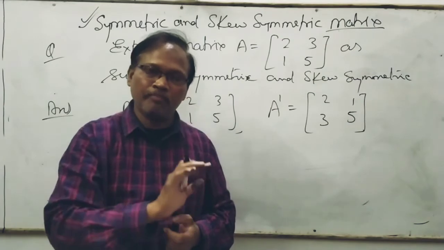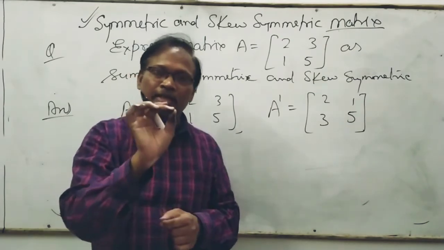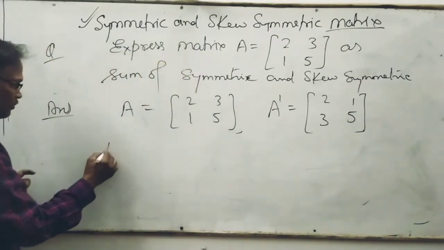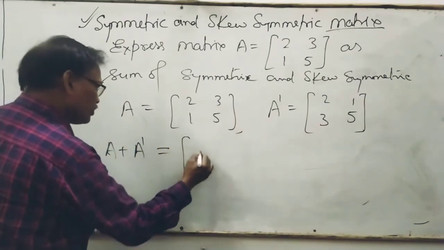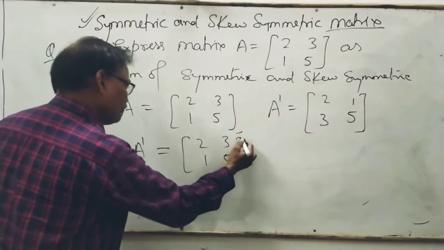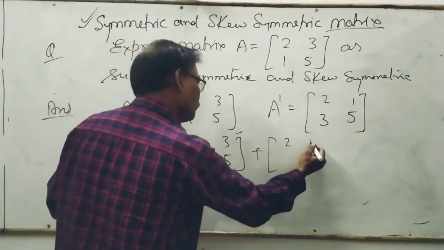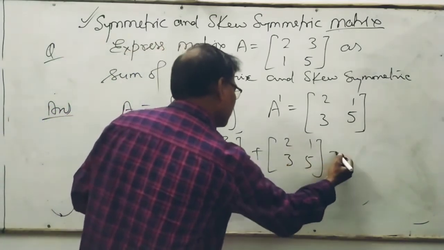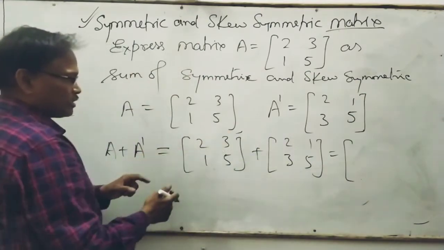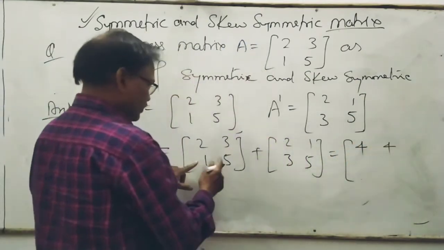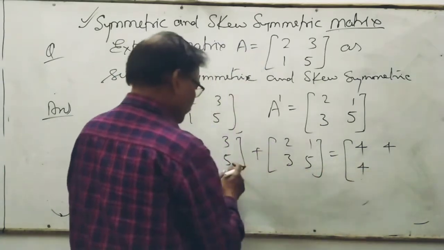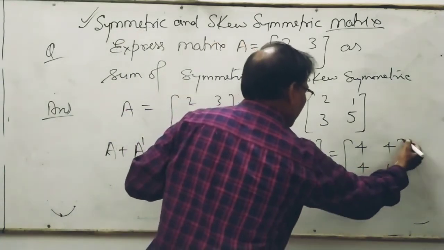Second step, find the addition, the sum of the matrix A and transpose. So you will get 2 3 1 5 plus 2 1 3 5, and the resultant will be, after addition, 2 to 4 3 1 4 1 3 4 5 5 10.